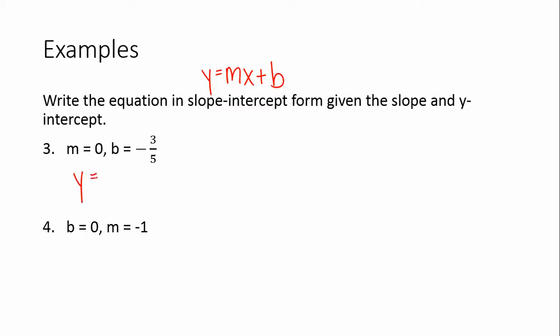So we have y equals, slope goes in front of the x, 0x, y-intercept goes in the back, -3/5. And you may recognize that anything times 0 is just 0. So this becomes y equals -3/5. Basically, the x term here goes away.